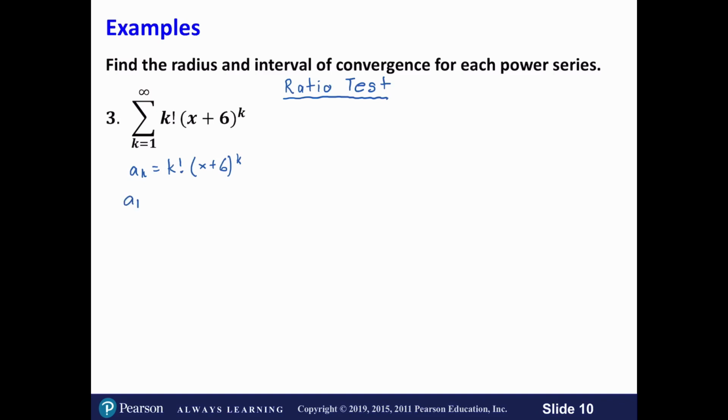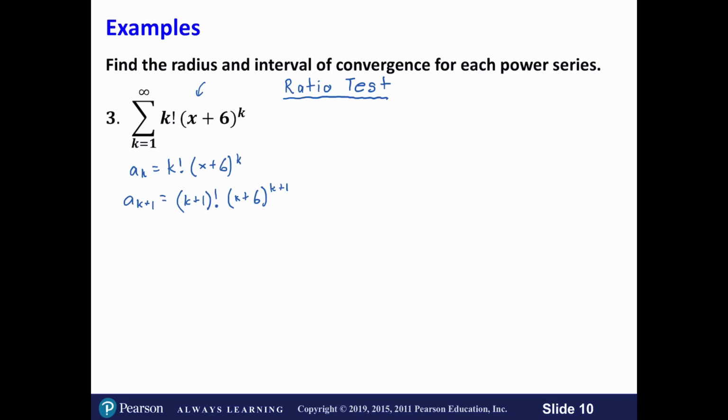And a_(k+1) to be k plus 1 factorial times x plus 6 to the k plus 1 power. And once again, I want you guys to think about what values of x cause this thing to converge. Will it converge if x is equal to 5? Will it converge if x is equal to 0? x is equal to -5? x is equal to 6? x is equal to 12? Which values cause it to converge? Try and think logically about that before we do our problem, and that'll hopefully give you some intuition whenever you're doing problems of this sort.